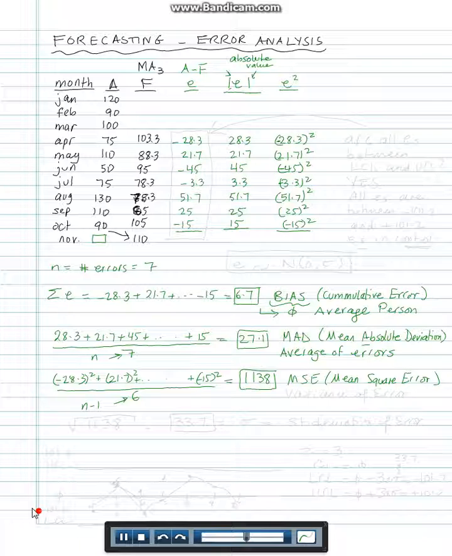Okay, so when I take the square root of 1138, I get 33.7. MSE represents the variance of the error. So anytime you take the square root of the variance, what do you end up with? You end up with sigma, which stands for the standard deviation of the error.